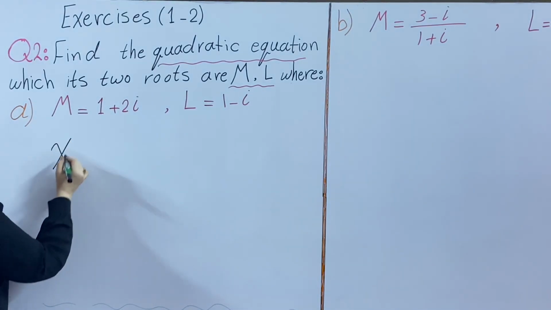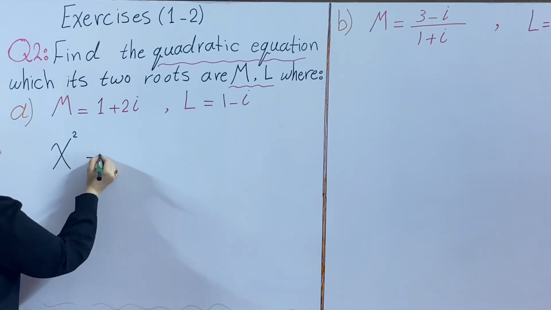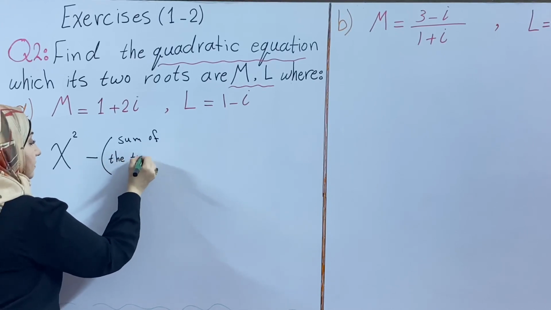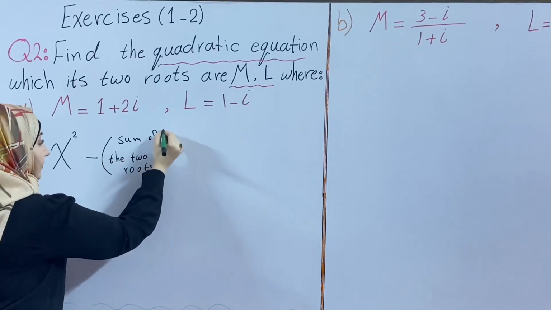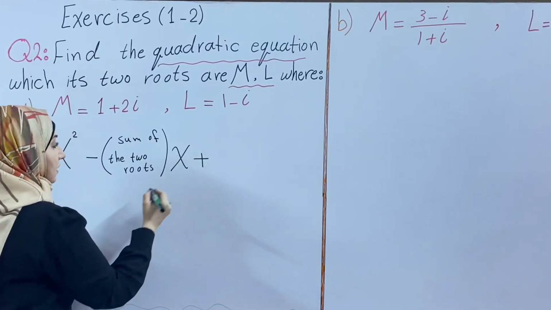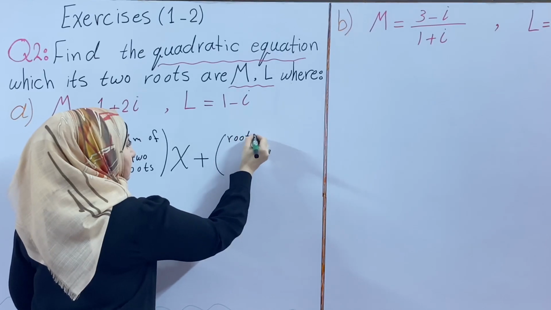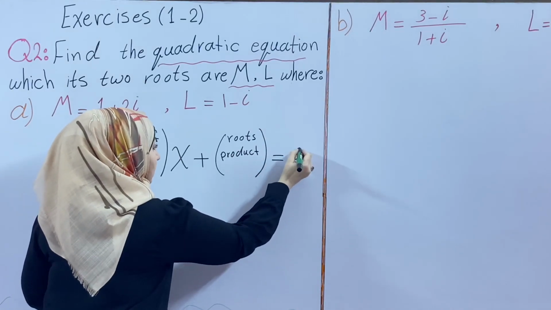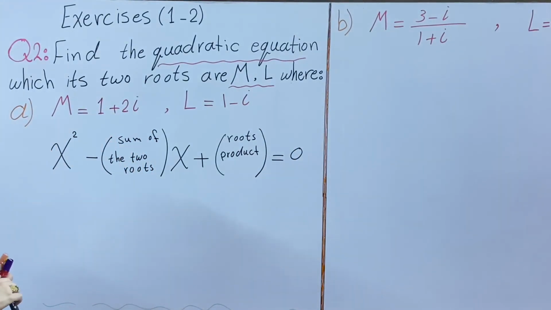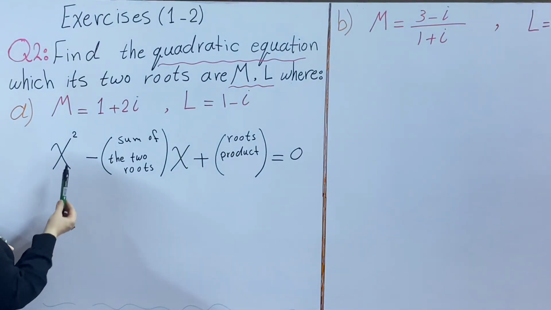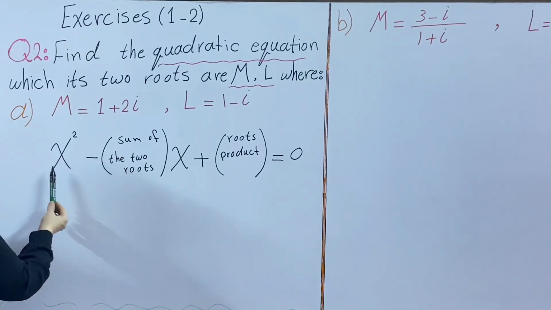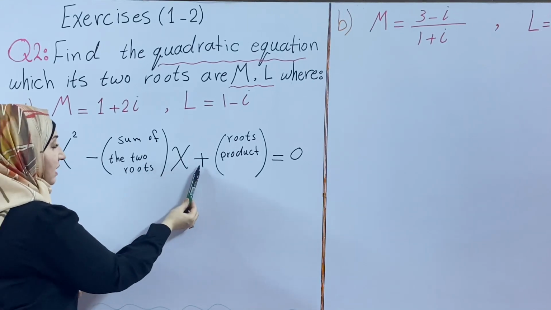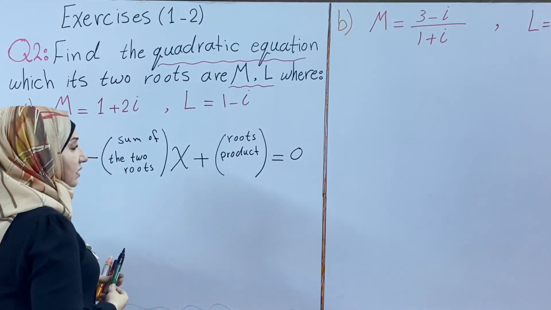The quadratic equation will be x squared minus the sum of the two roots, x, plus the roots product, equal 0. This is a rule for finding the quadratic equation whose roots are known. Its general form is x squared minus the sum of the two roots, the coefficient of x, plus the product of the two roots, equals 0.